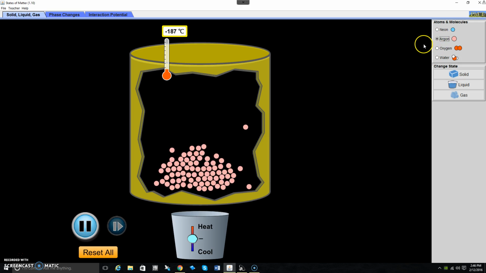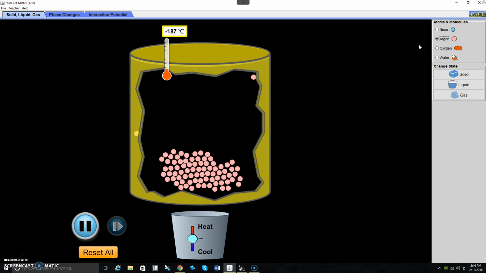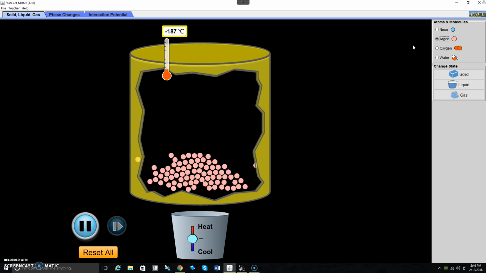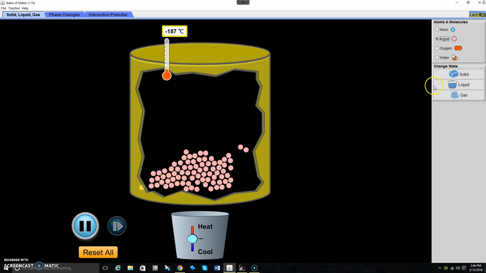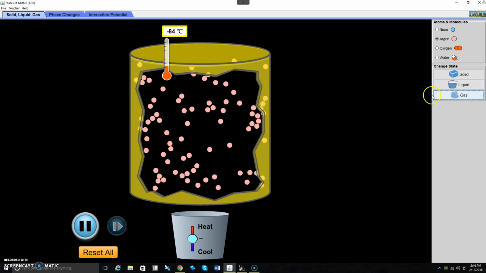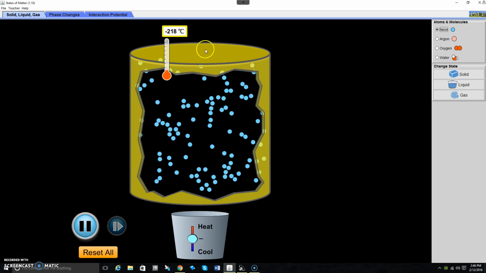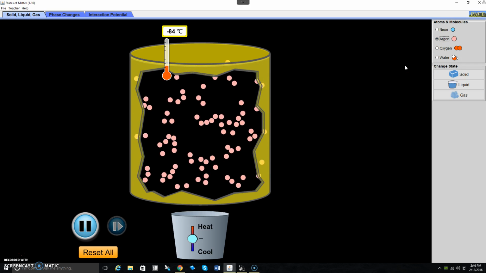So this shows that an atom or molecule with a higher affinity takes more energy to go from the solid phase into the liquid phase. And it takes even more energy to get it from the liquid phase into the gas phase, as can be seen by the large gap between neon and argon.